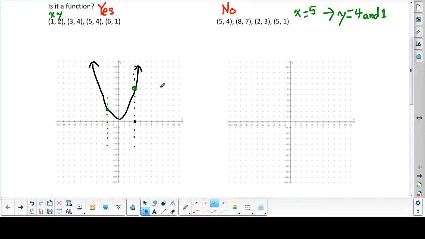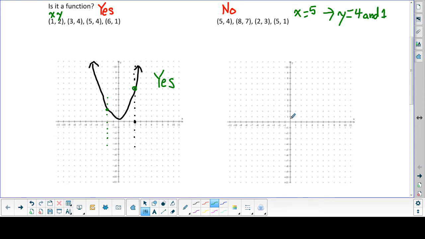Okay, so first of all, this is a function. Now, note for a second, the same cannot be said about y's. If I have a y value of 5, I get an x value over here, and I get an x value over here. That's fine. Functions don't care if there's more than one x for a single y. They care if it's the other way around. So for each x, there can only be one y. For each independent variable, there can only be one dependent variable.